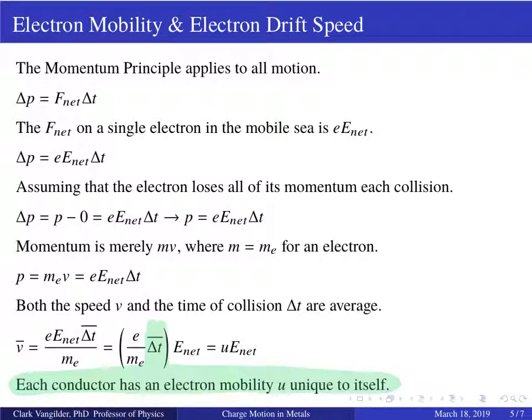The time of collision will be different because the metal structure is different. Right? So what we can do is work our way backwards. If we pick one field on an aluminum wire, copper wire, steel wire, etc., now we can know the time between collisions on average is this.